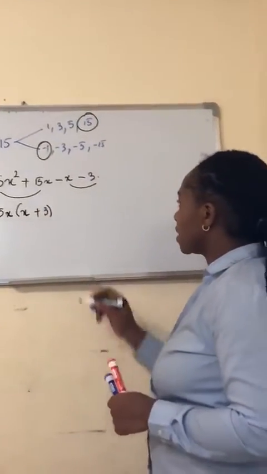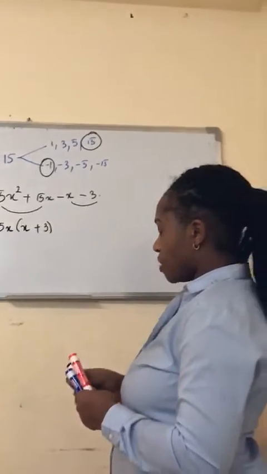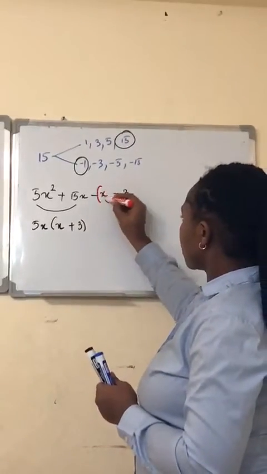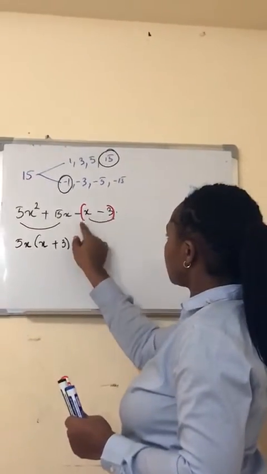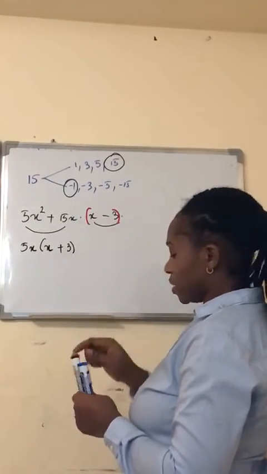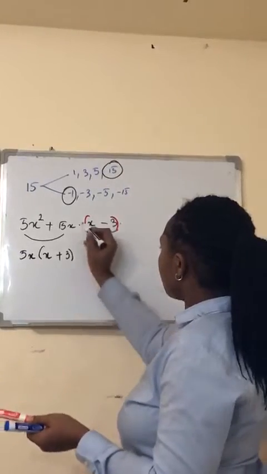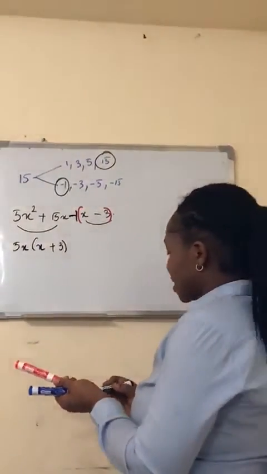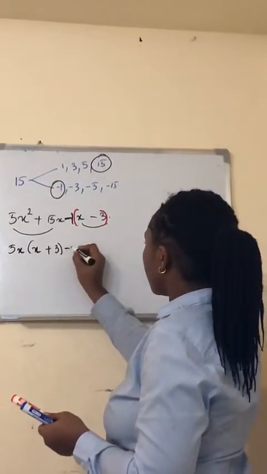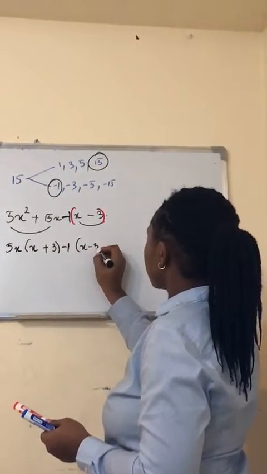Now, if you look again here, I can decide to do a bracket here, which gives us just x minus 3, and the coefficient of this bracket is minus 1. So I can still maintain that bracket to have minus 1 bracket x minus 3.